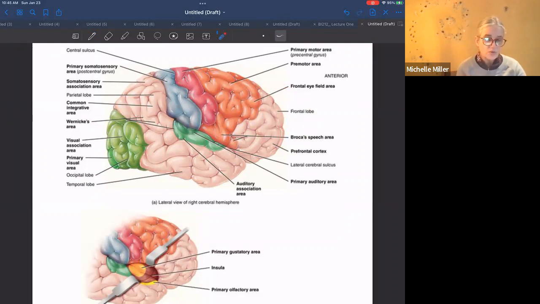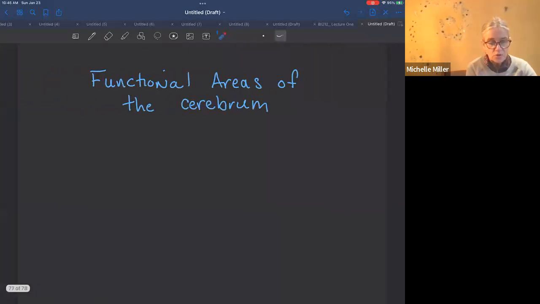So I wanted to just specifically talk about the primary somatosensory area and then the primary motor area, because these are very interesting and they relate to what we were talking about with movement and what we're going to be talking about with sensing different parts of your body like touch. So let's talk about those two areas. Those are the areas that you need to know.